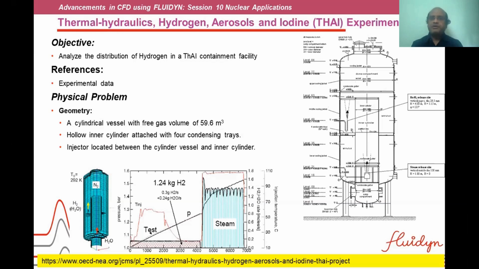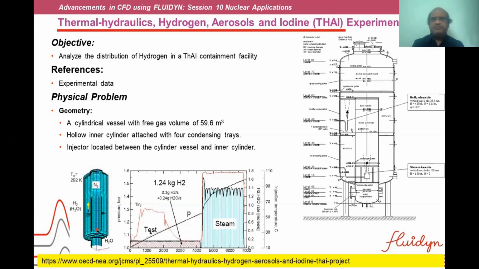So if anyone wants to develop or use a simulation tool for analyzing the processes in the nuclear industry, first we may have to go through an evaluation process where one of these problems is taken and the results are reproduced. One such program is called THAI, Thermal Hydraulics, Hydrogen, Aerosols, and Iodine experiments. You can find the details on the OECD NEA website.